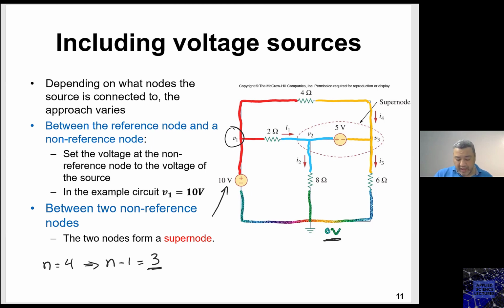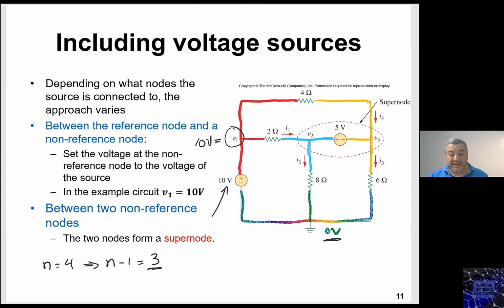So here, I put the negative terminal of the 10 volts to the ground, to 0. This means the second terminal will be 0 plus the voltage difference that this voltage source generates, which means my V1 now is not variable anymore. My V1 now becomes known.